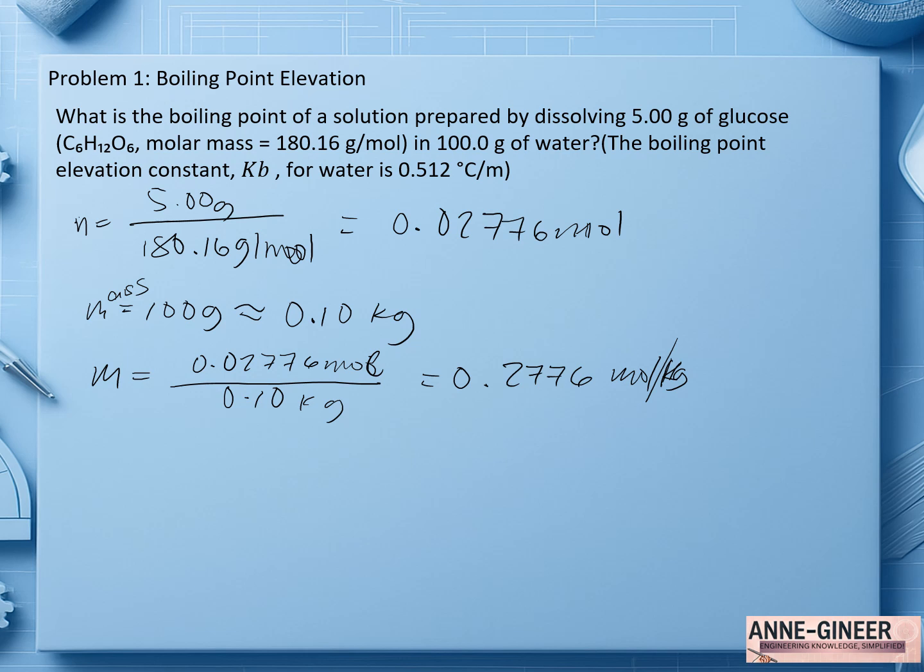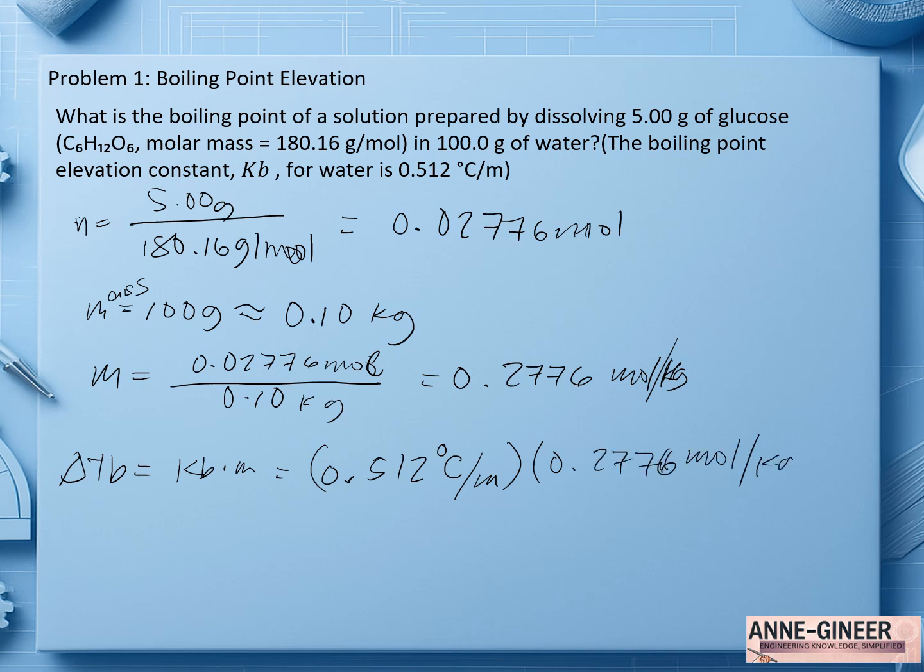Using the boiling point elevation formula, delta TB is equal to KB times m, which is 0.512 degrees Celsius per m times 0.2776 mole per kilogram. So delta TB is equal to 0.1421 degrees Celsius.